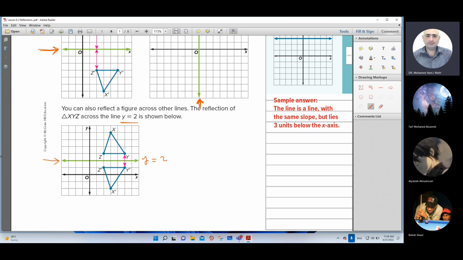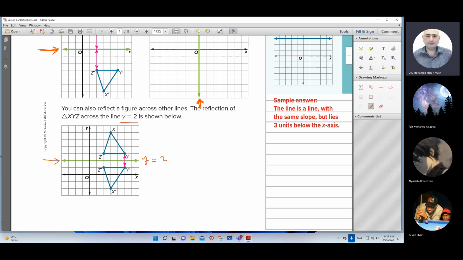But we have the opposite direction: X here is up, X prime here is down. This is a reflection across the line of reflection y equals a constant. This is not the x-axis, it is parallel with the x-axis.